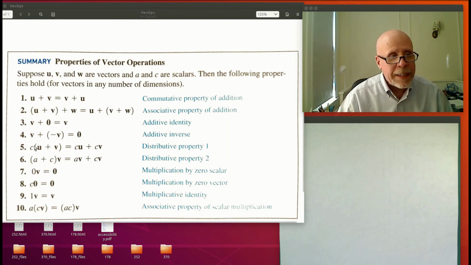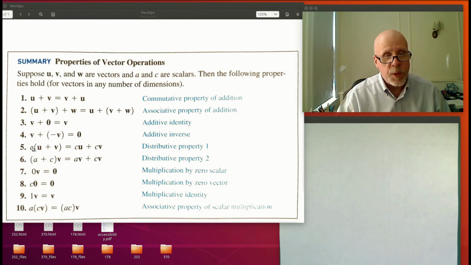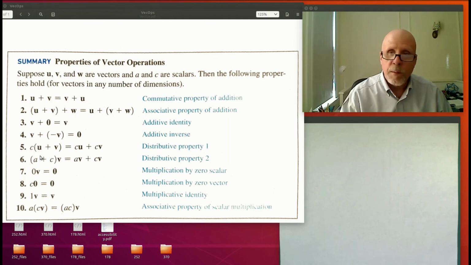These are slightly different. The one in 5 would be the distribution of scalar multiplication across vector addition. The one in 6 would be the distribution of scalar vector multiplication across scalar addition. So there is a need for both versions.